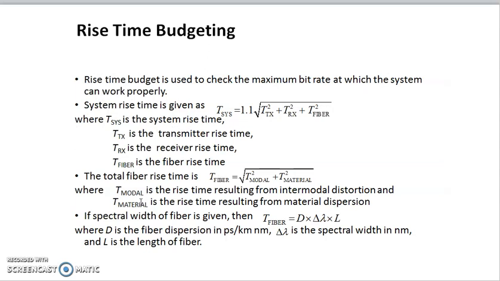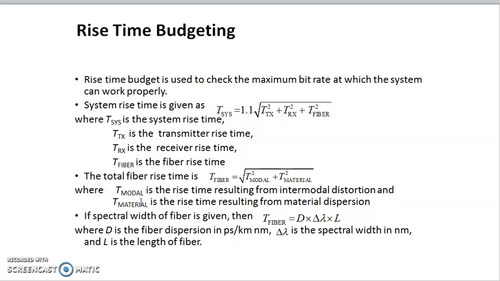The rise time budget is related to time, to the bit information we are sending, and for a given data rate we consider the maximum bit rate at which the system can work properly. So the rise time budget is used to check the maximum bit rate at which the system can work properly.